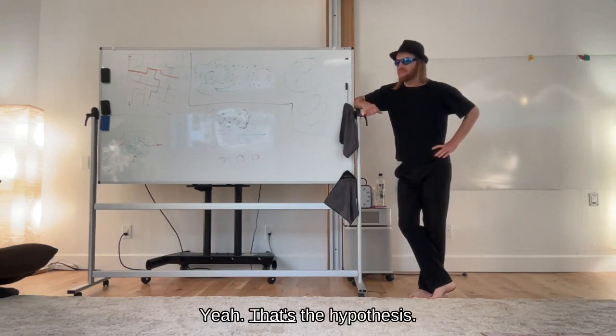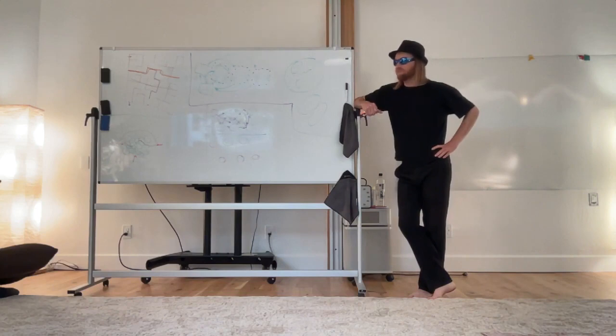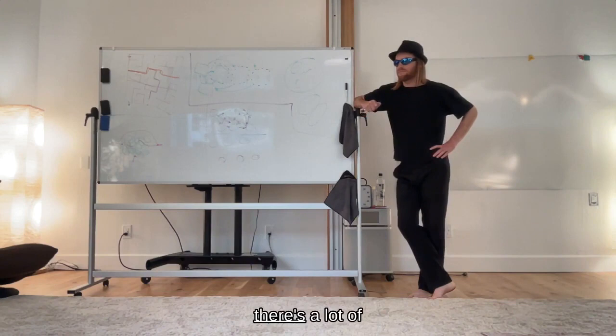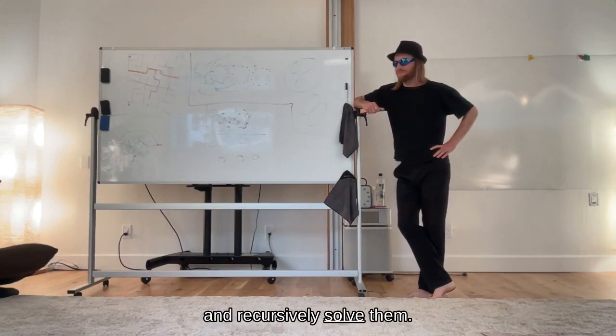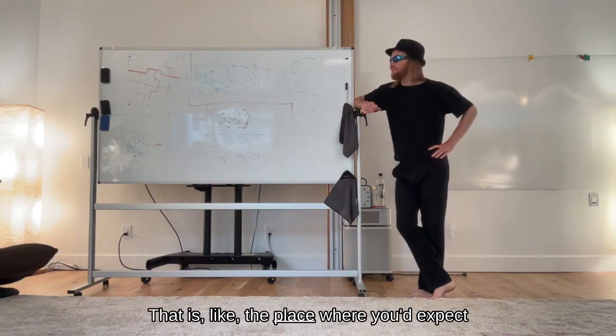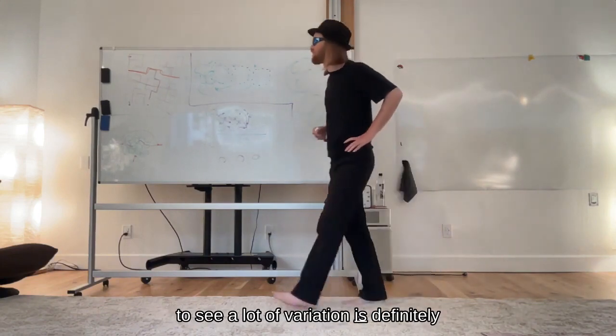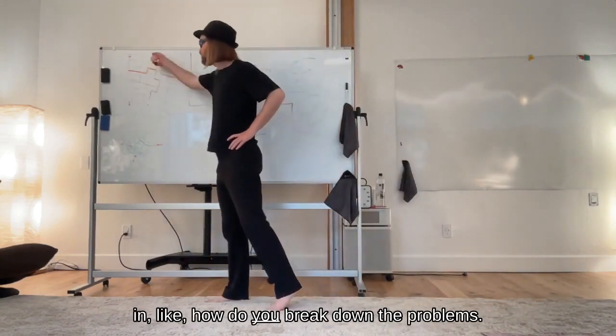Yeah, that's the hypothesis. My guess is that even if all of the general ones are searchy in some sense, there's a lot of variation in the actual cognitive algorithms that break down problems and recursively solve them. That is the place where you'd expect to see a lot of variation: how you break down the problems.